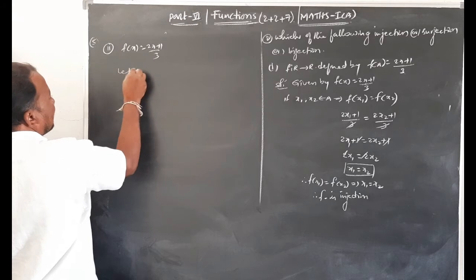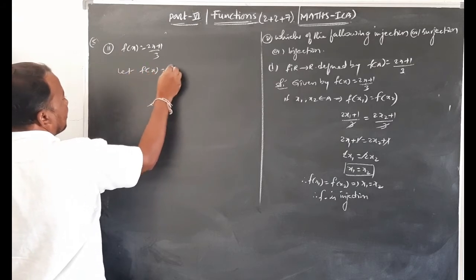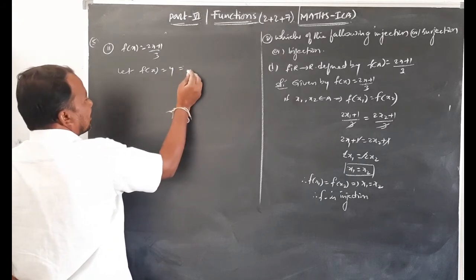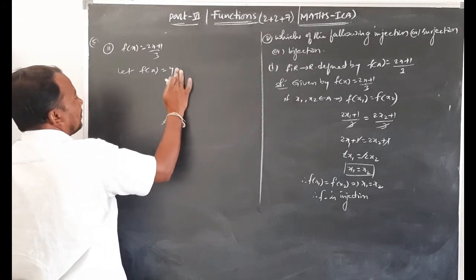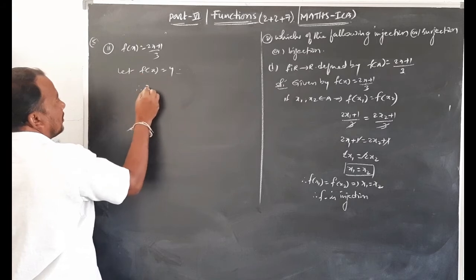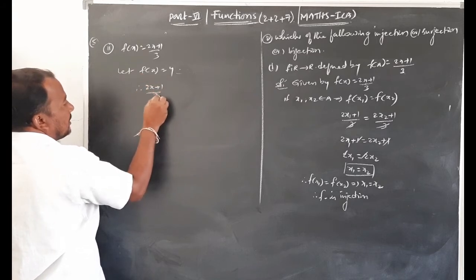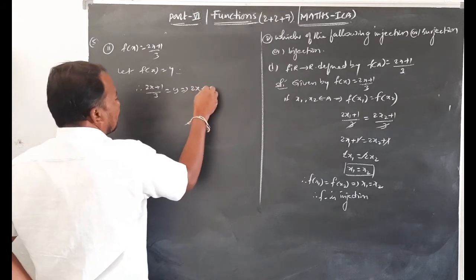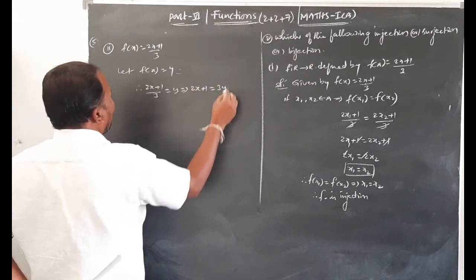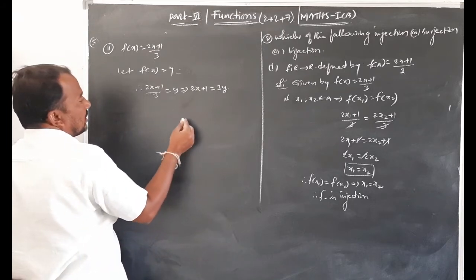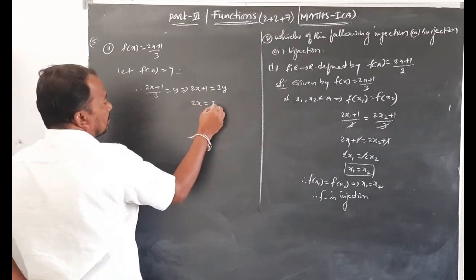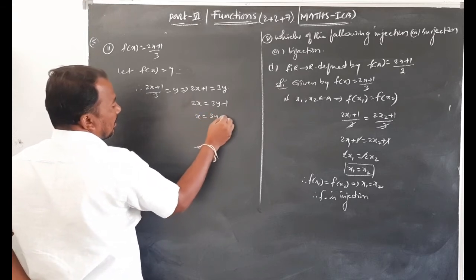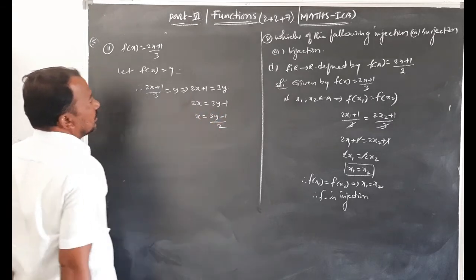Let f of x equals y. Then 2x plus 1 by 3 equals y, so 2x plus 1 equals 3y, 2x equals 3y minus 1, x equals (3y minus 1) by 2.